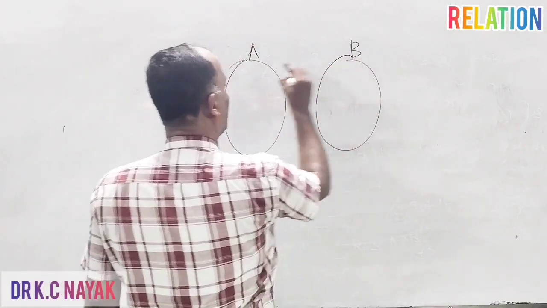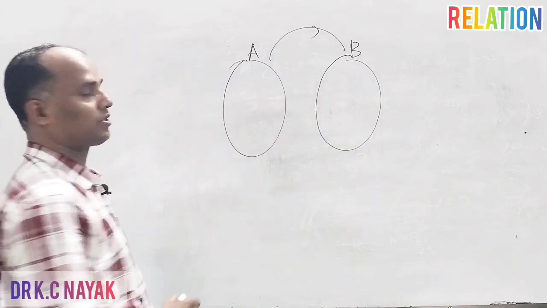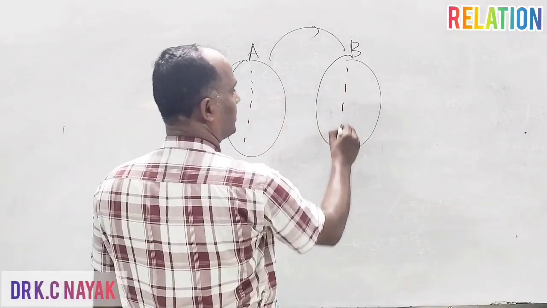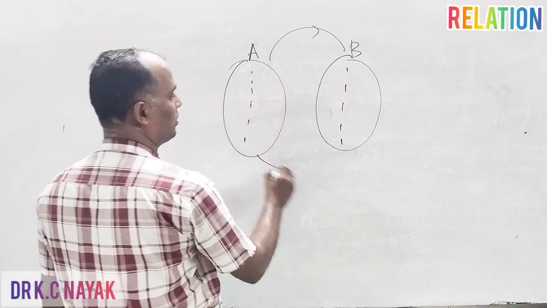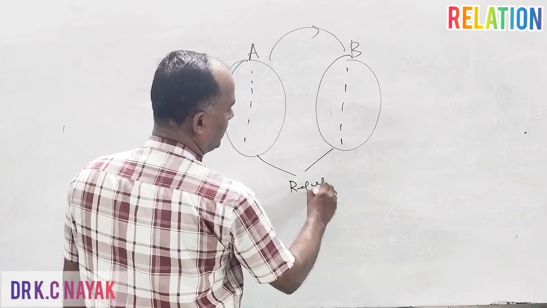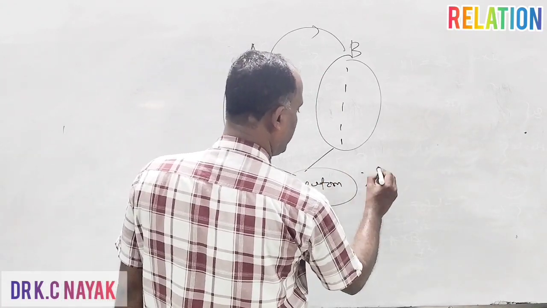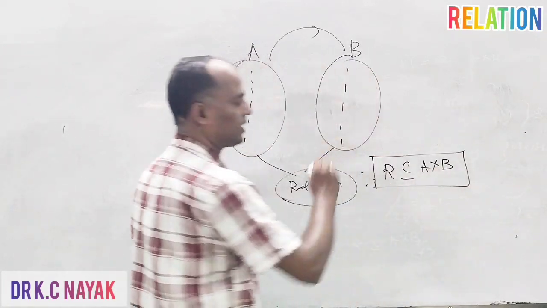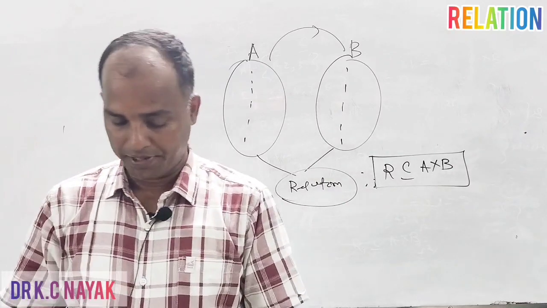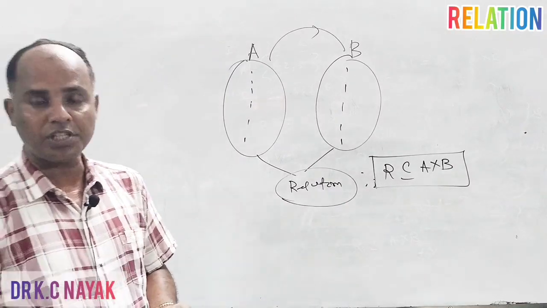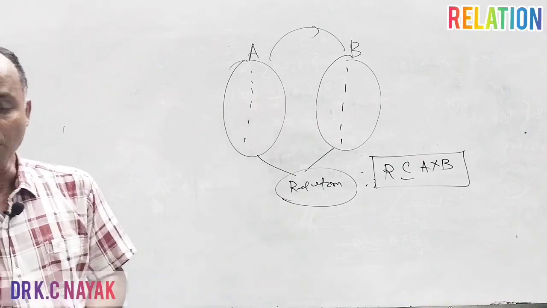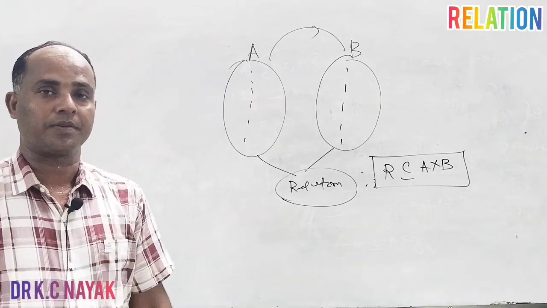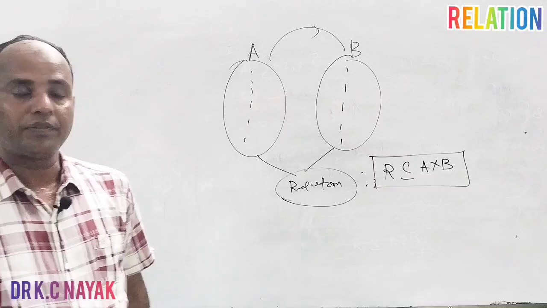A relation from A to B makes an association between elements of set A and set B. This association is a relation that is always a subset of A cross B. R is a subset of A cross B. That is the definition of a relation, as well as how to find the total number of relations from two non-empty sets. Okay, that is the definition of a relation.